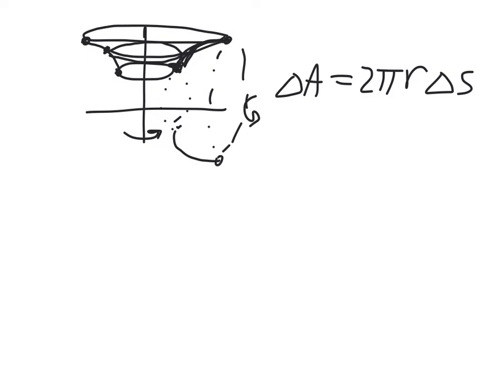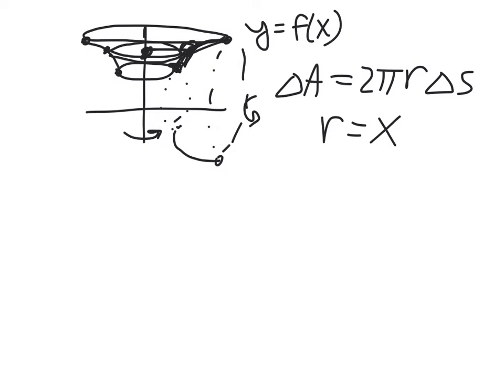Now, r in this case would be what? It's going to be our x value, whatever x value we're dealing with. Now, our function is defined in terms of x.